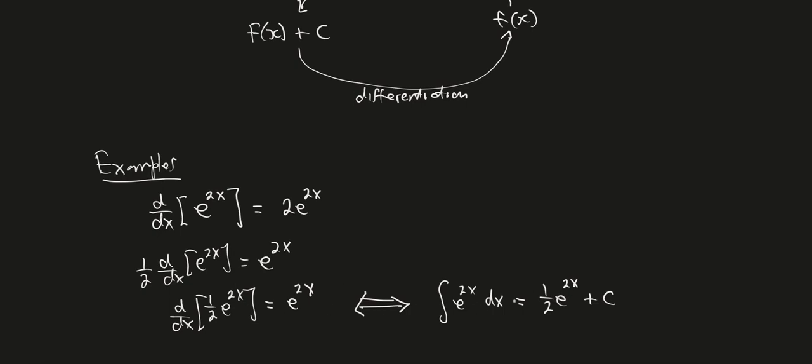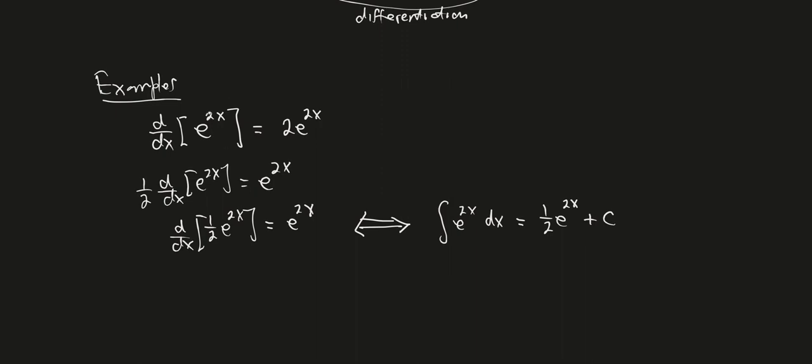These two are saying the exact same thing, just in a different way. Again, it's the same kind of relationship as between expanding and factoring. Over here, it's differentiating versus anti-differentiating.